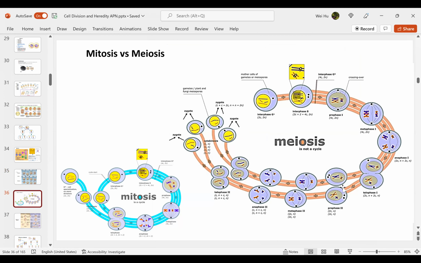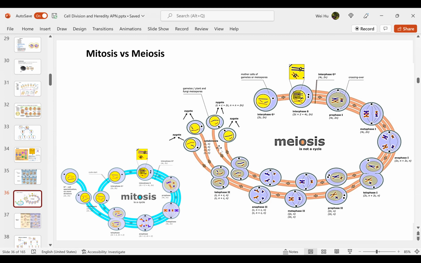So let's put mitosis and meiosis side by side. Mitosis is making identical cells, and you only divide once. You have diploid chromosomes. You still have both your parents' chromosomes. Whereas meiosis ends with 4 different cells.